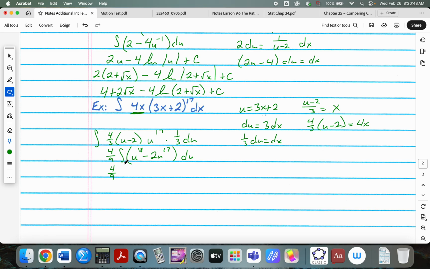So this is 4/9 of 1/19 u to the 19th minus 2/18 u to the 18th plus c.